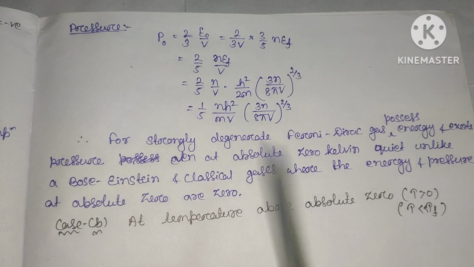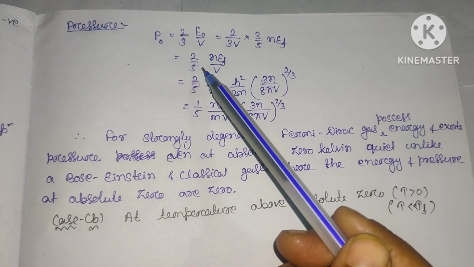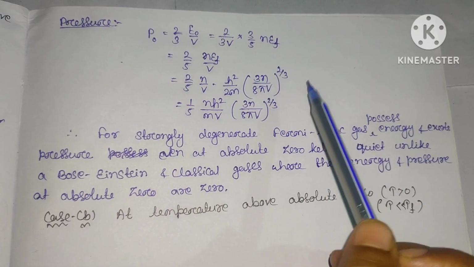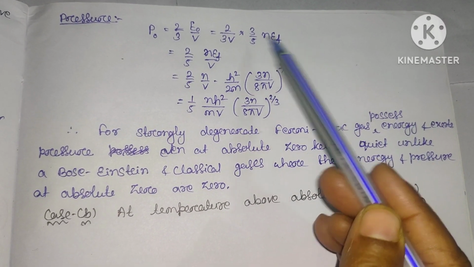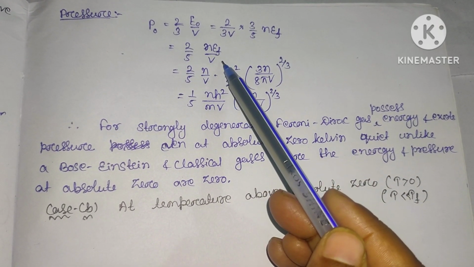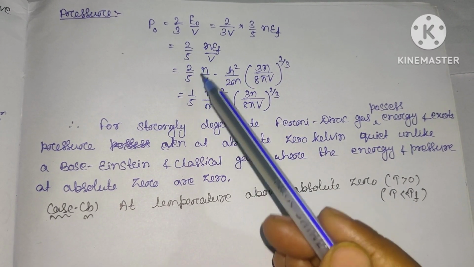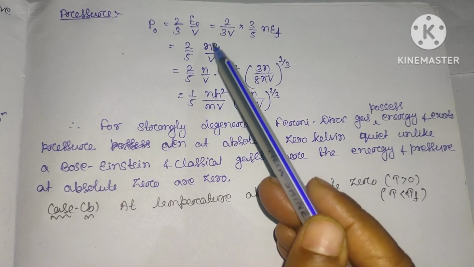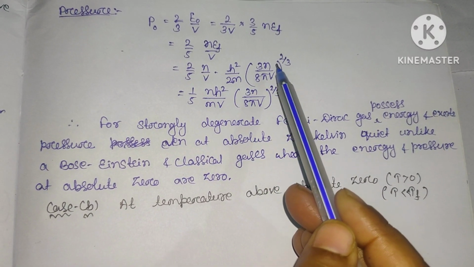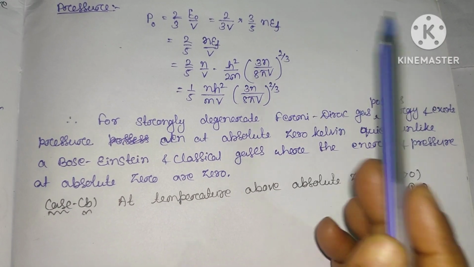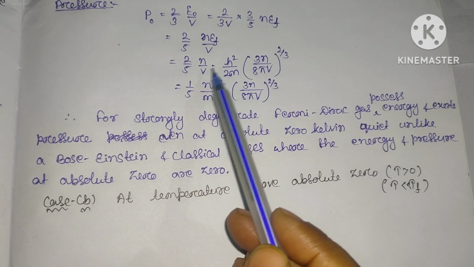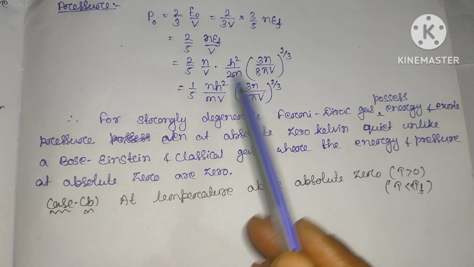Now you can see that the pressure will be 2/3 of total energy divided by volume. So that will be 2/3 into the total energy, which is 3/5 of N E_F. 3 gets cancelled. That will be 2/5 into N E_F divided by V. That will be 2/5 into N/V into, by putting the value of E_F, that is Fermi energy, h²/2m into (3N/8πV) whole power 2/3, or I can write it as (3N/4πVg_s) whole power 2/3. This becomes 1/5 by cancelling this term.